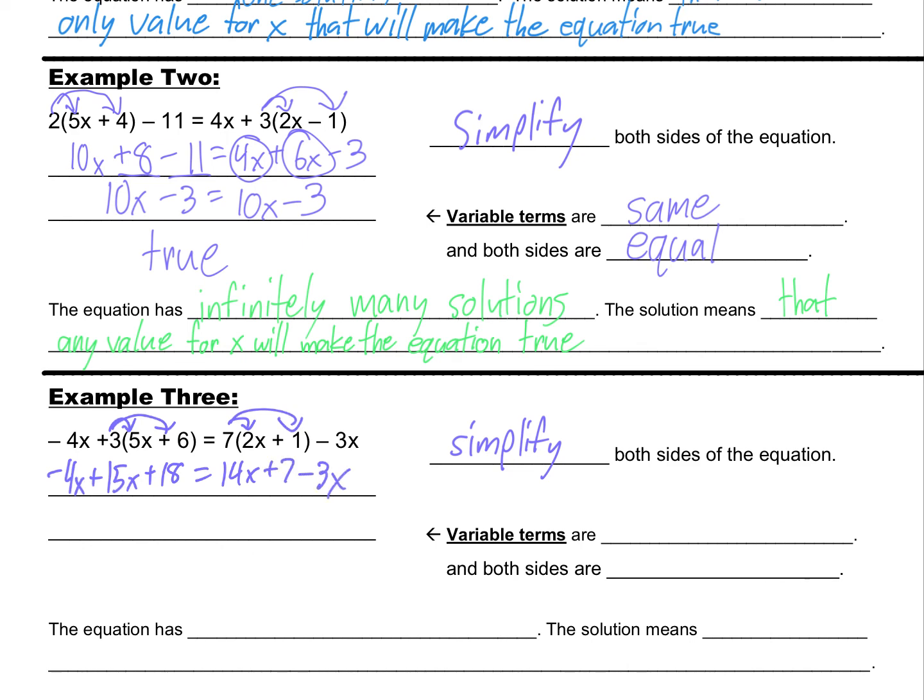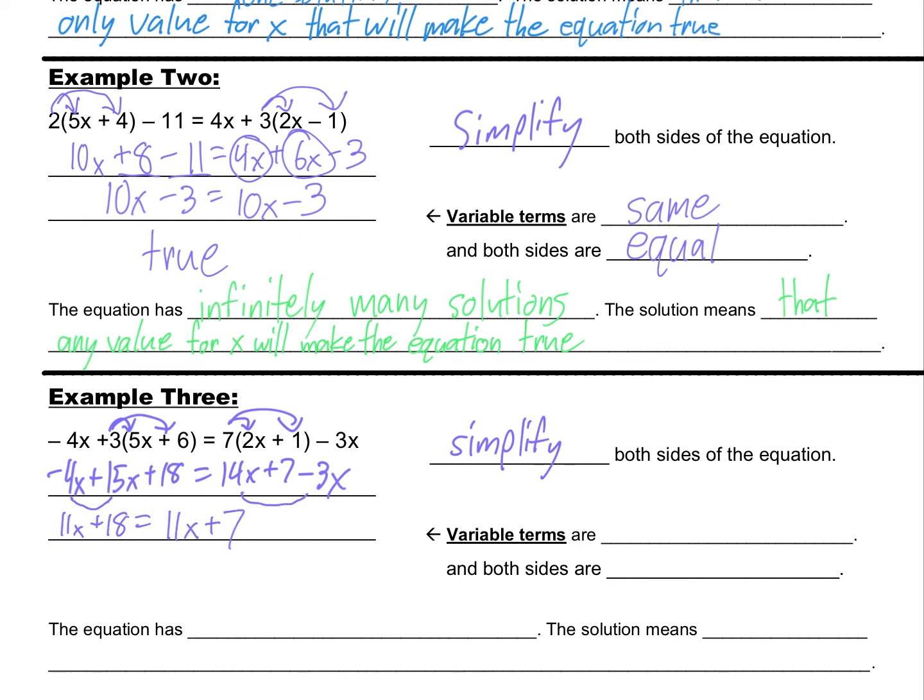We then look at combining like terms. Here we have a negative 4x and a positive 15x, which gives us a positive 11x, and we keep the plus 18. On the other side, a positive 14x and a negative 3x gives us a positive 11x, and we leave the plus 7.